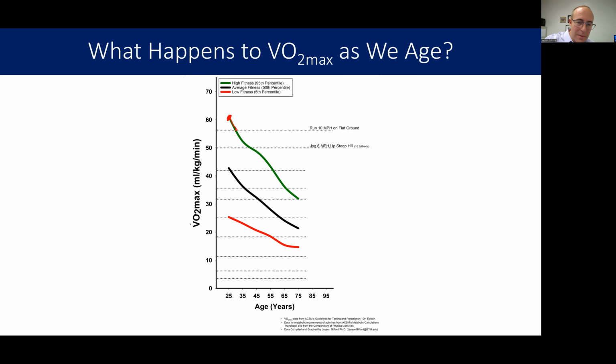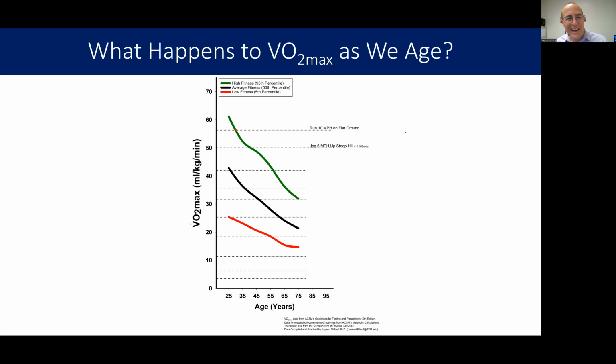But then once they hit about, let's say 45, now let's go all the way to 55, the VO2 required to run 10 miles per hour on flat ground or jog up a hill at 6 miles per hour is above their VO2 max, meaning they might be able to do it for a couple of seconds, but they sure are not going to be able to sustain that, right?